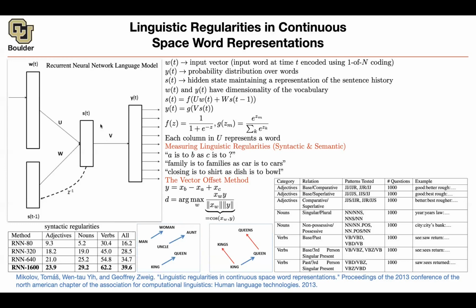This dimension is the dimension of this hidden space, where it's actually the dimension of U. As you keep increasing it, you are getting better and better at solving the task of syntactic similarities. So it is conveying the message that higher dimensional word vectors are important. And it makes sense.